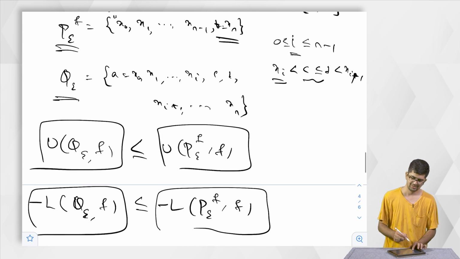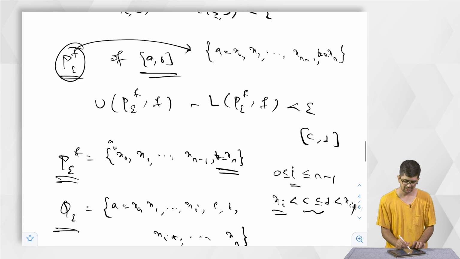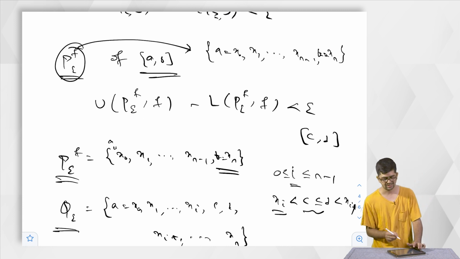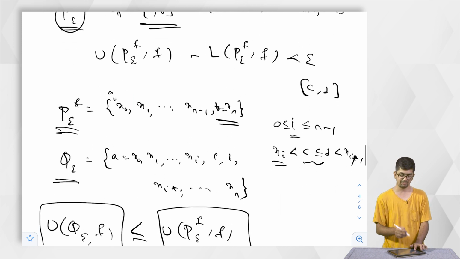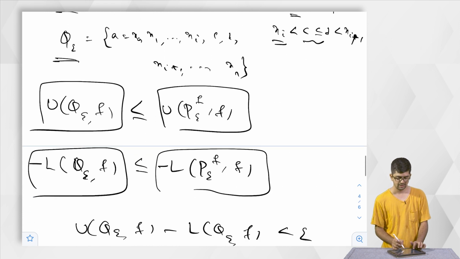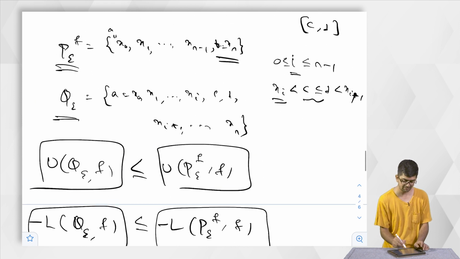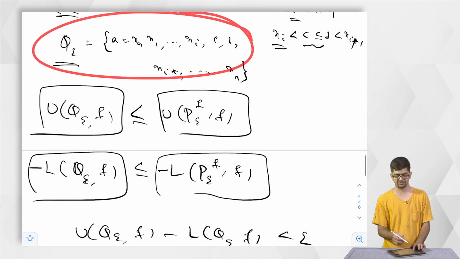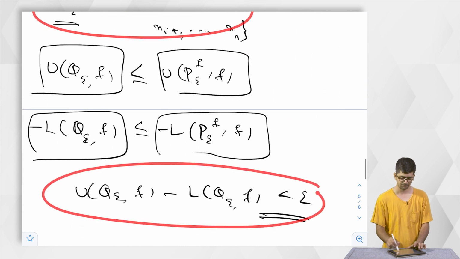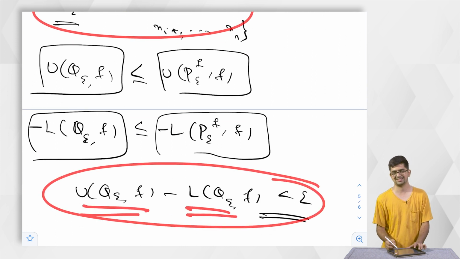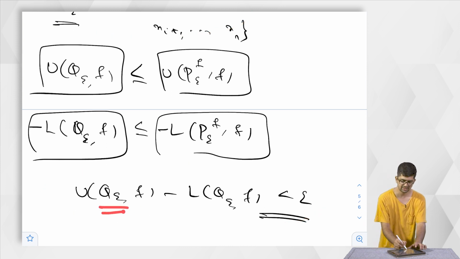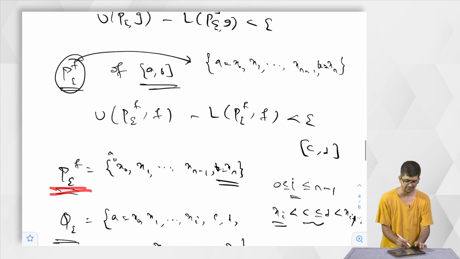So either one can use this partition, or you can take a refinement by adding c and d and take this partition. For any of those two, we have the same property: U minus L is less than epsilon for this partition q epsilon and also for p epsilon f.